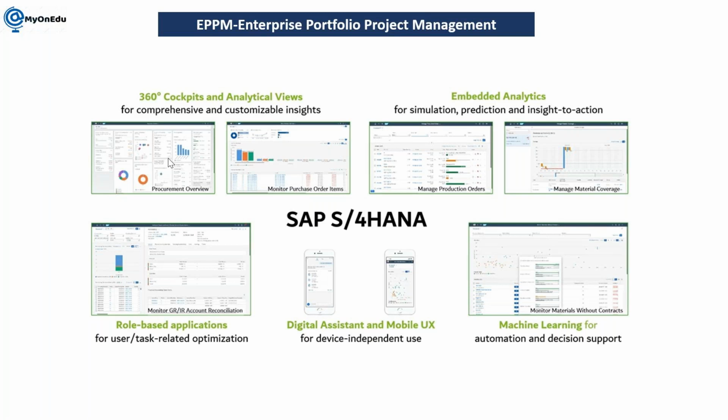Some requirements are coming in the PS, some requirements need to be managed in PPM, some requirements have to be managed in CPM. But as a solution, you will say that everything is coming as a part of EPPM.